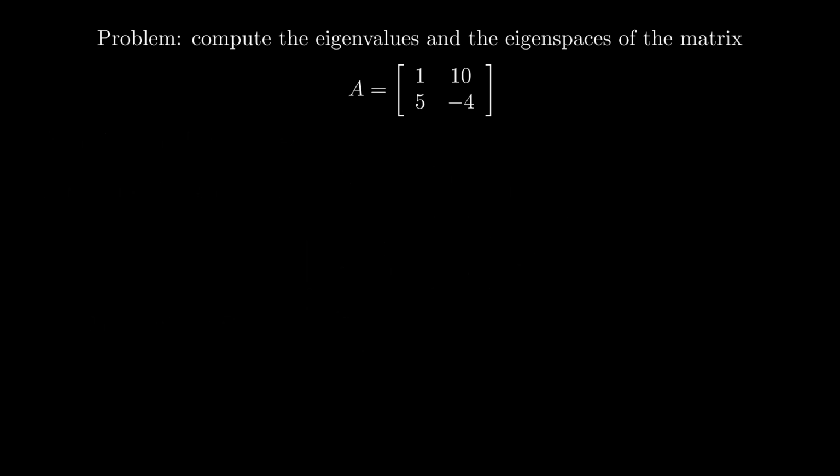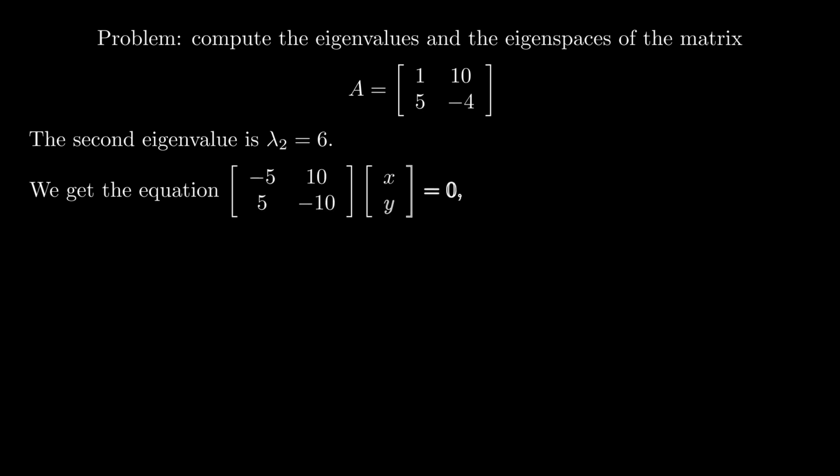We now do the same thing for the second eigenvalue, lambda 2, which we have previously computed to be equal to 6. This time, we need to subtract 6 from the main diagonal of our original matrix. And we end up with the matrix equation -5, 10, 5, -10 times xy equals 0.